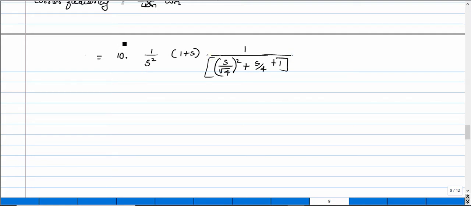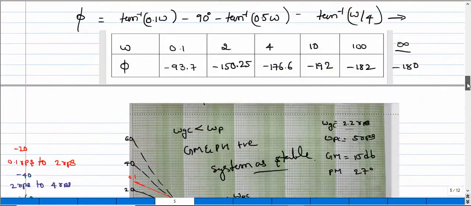So let me consider the table and copy the same.